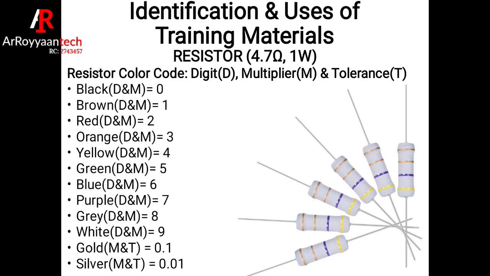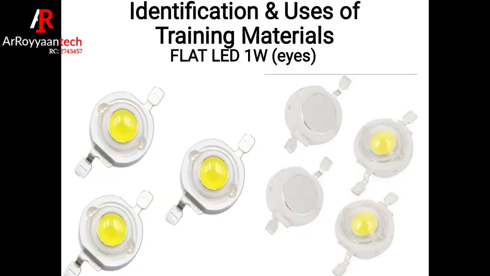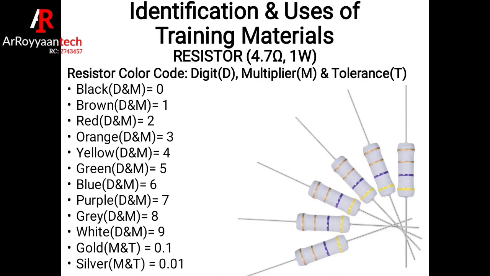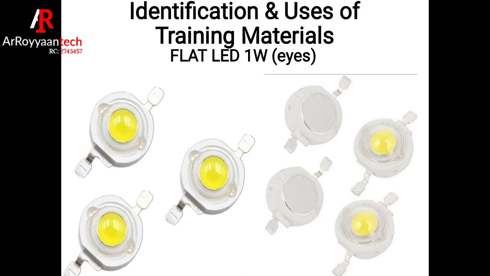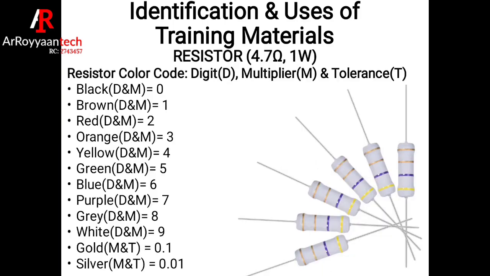So why is it 4.7 ohms? That's the resistor suitable for the LED we talked about in our previous class. The function of this resistor is to protect our LED from high currents, which is the same as limiting the flow of current.